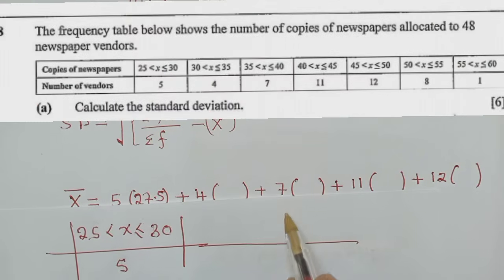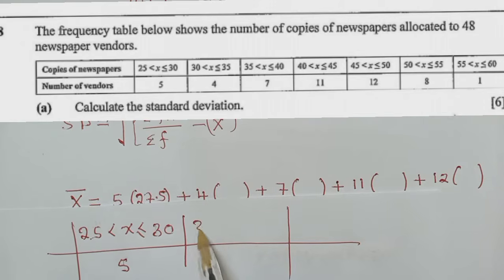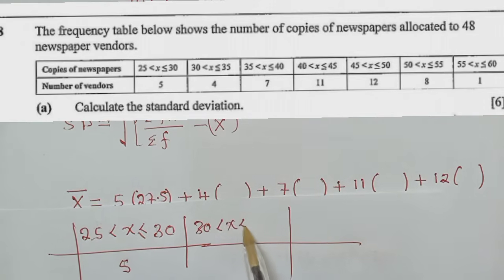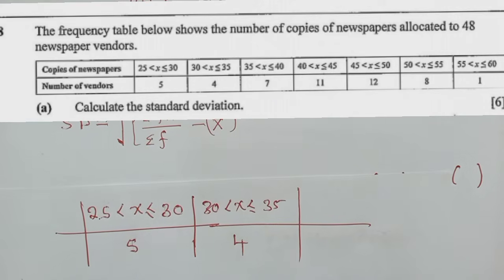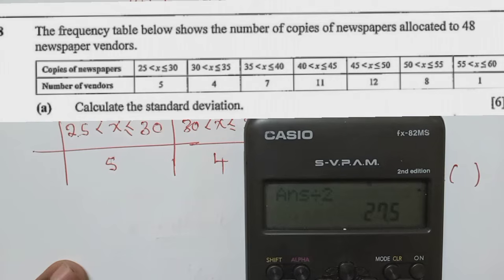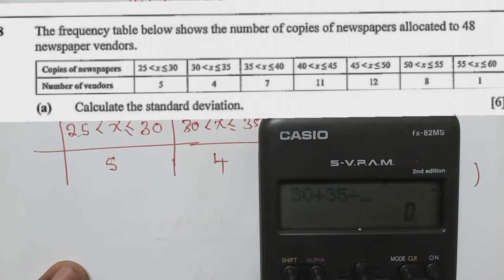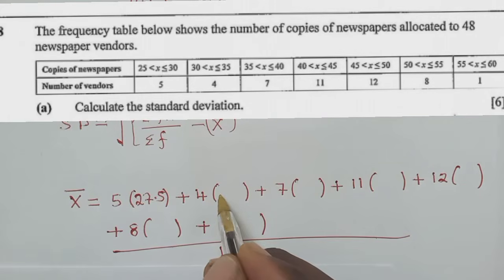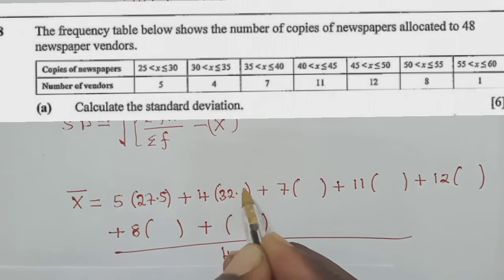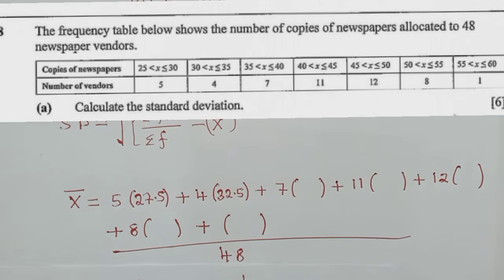For the next one, we've got 30 is less than x, less or equal to 35, and here there is a 4. We'll do the same: 30 plus 35, divide by 2. That is 32.5.